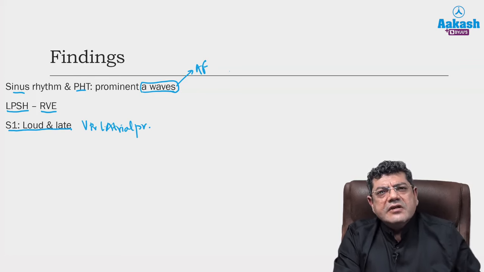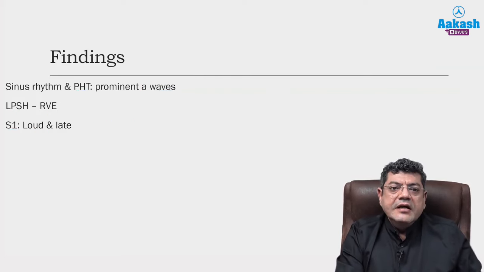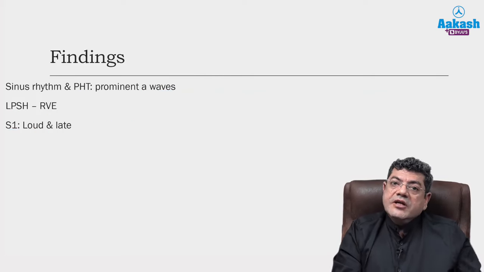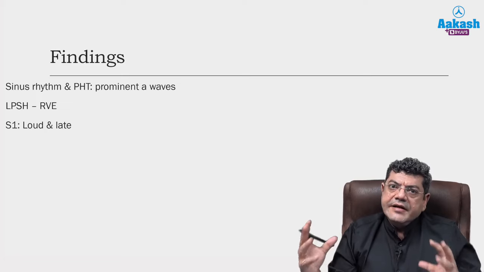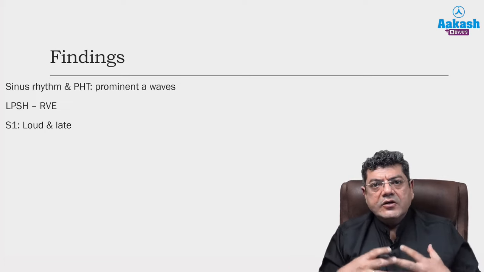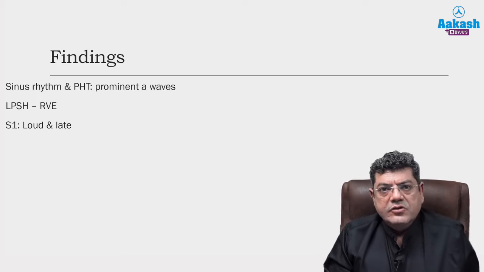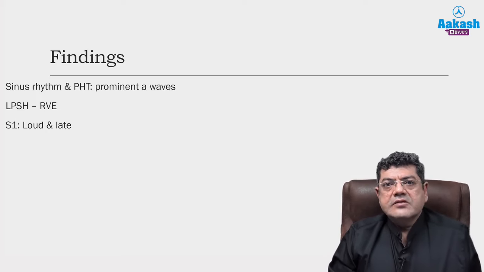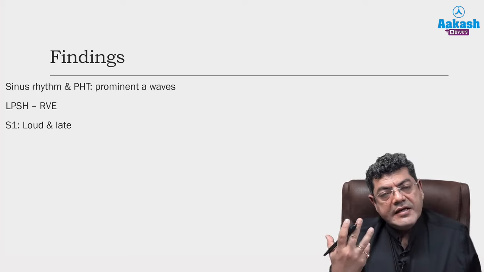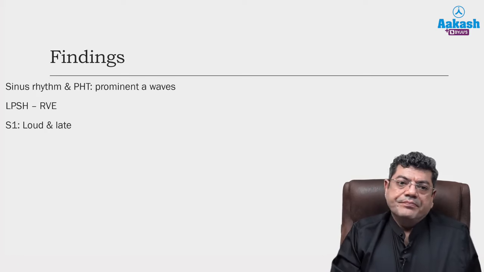That's the reason the S1 comes late, and it's loud in early MS. In advanced late MS, the valve gets heavily calcified, and that's when you will not hear a loud S1. The S1 might even disappear.